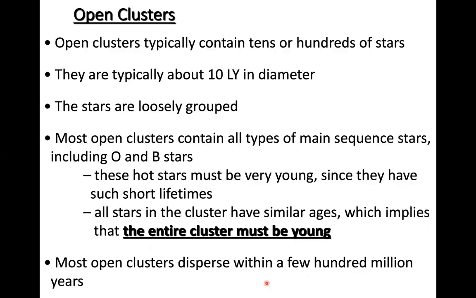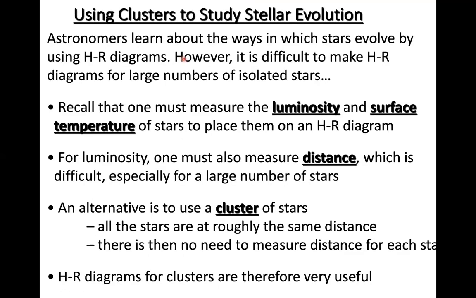Now this is the challenge that we have if we are going to have different isolated stars, right? For each one, you have to measure the luminosity and the temperature. But the advantage that we have when we look at a star cluster, they are kind of at the same position, right?